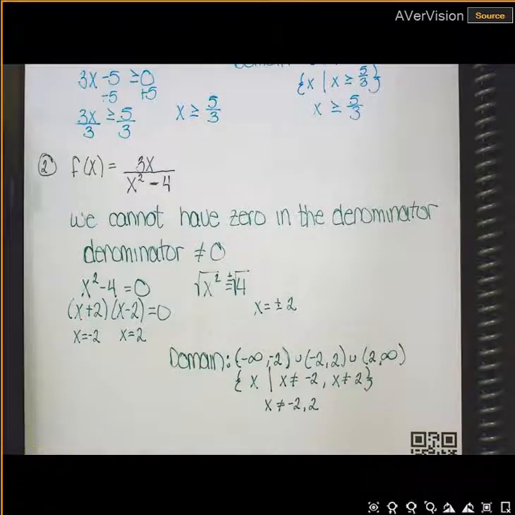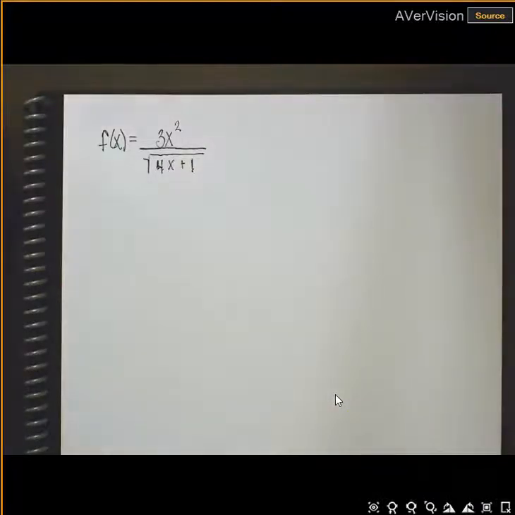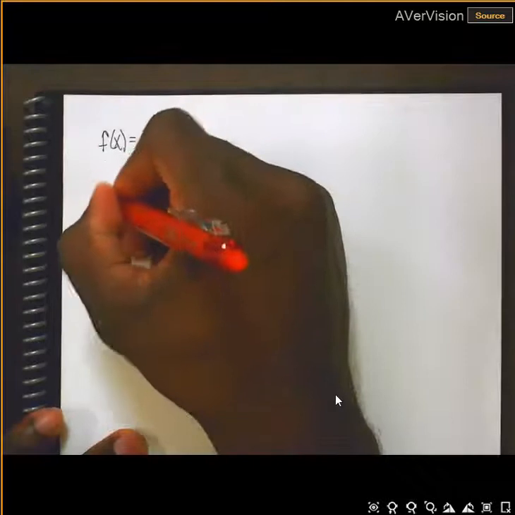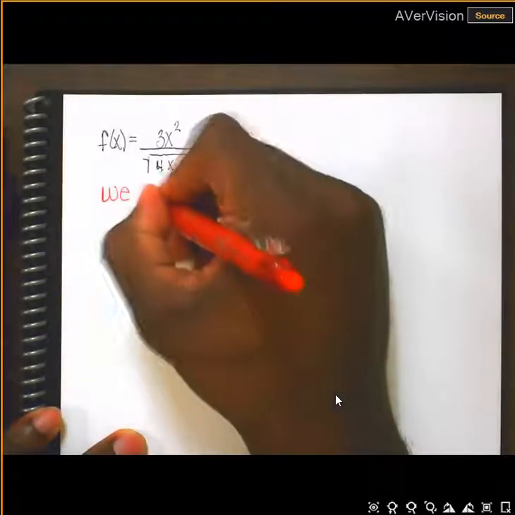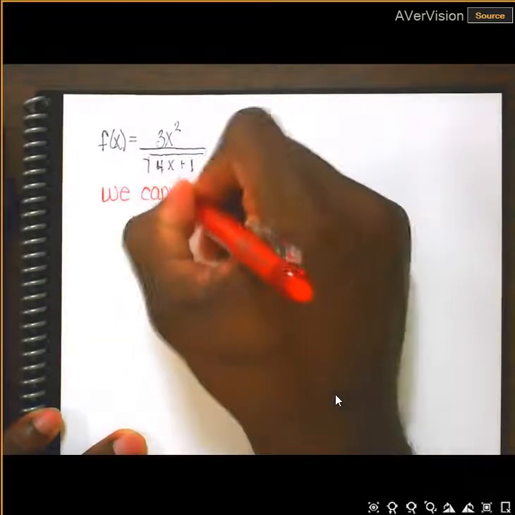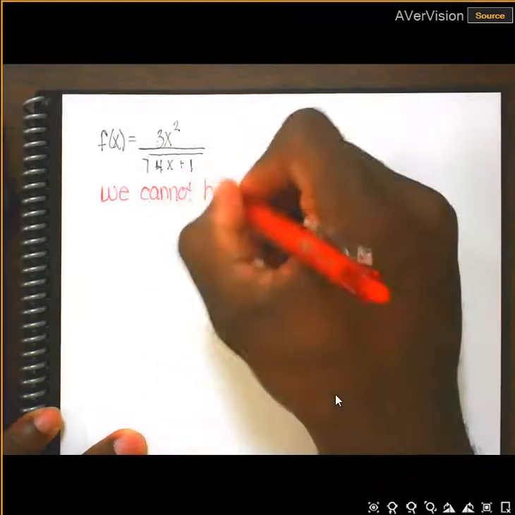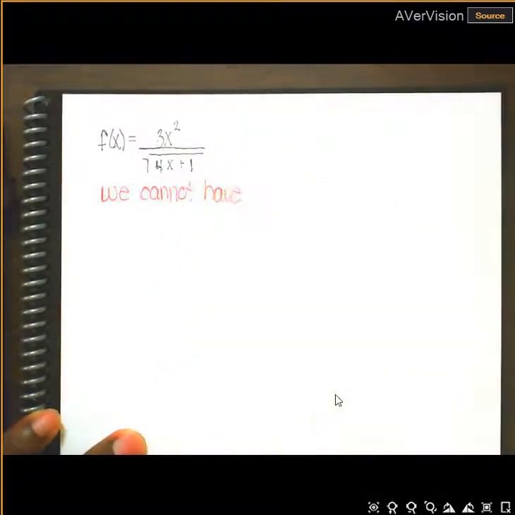All right, any questions? All right, so we have f of x is equal to 3x squared divided by the square root of 4x plus 1. What can we not have?